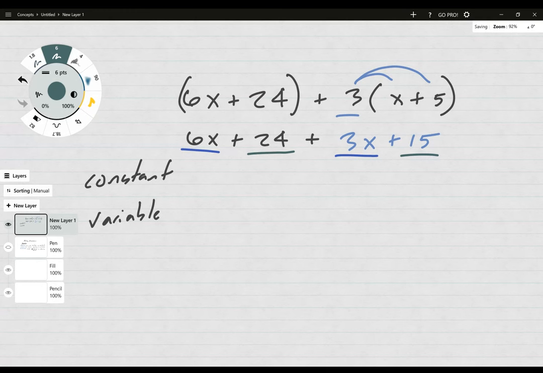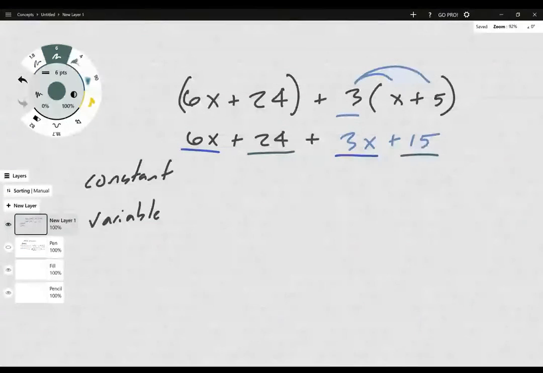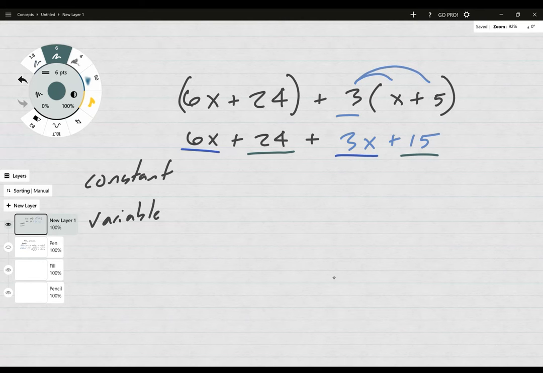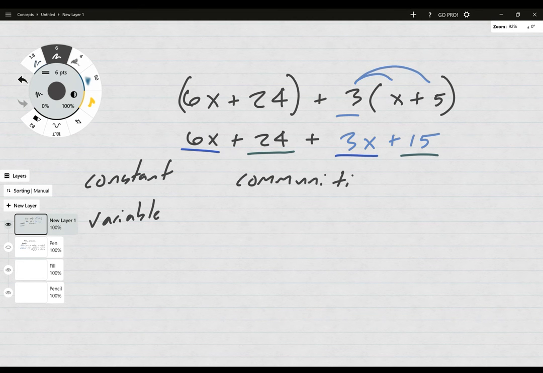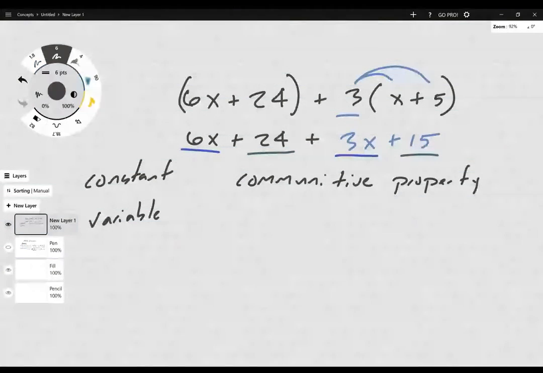So all I'm going to do is I'm going to use the commutative property to reorganize my terms so they're next to each other.